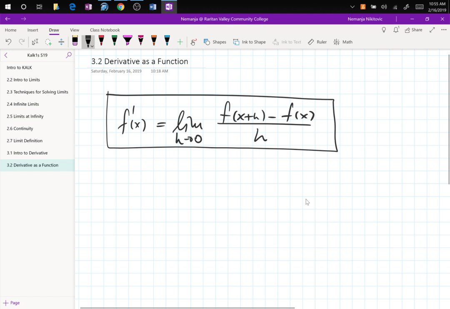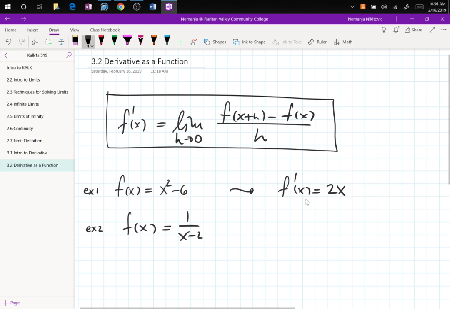We also have seen that the function f of x equals x squared minus 6 gave us f prime of x equal to 2x, so that was example 1. Example 2, f of x equals 1 over x minus 2 gave us the derivative of negative 1 over x minus 2 squared.